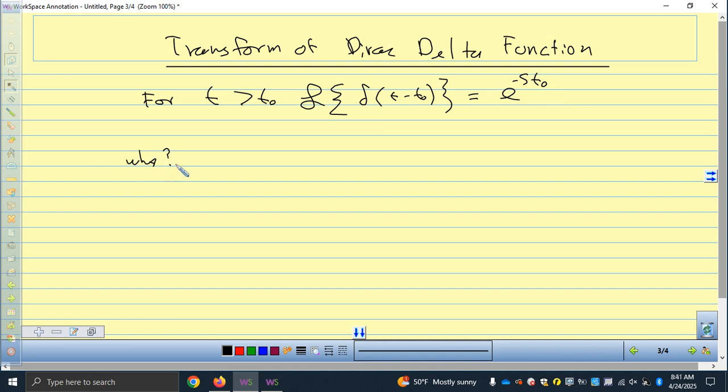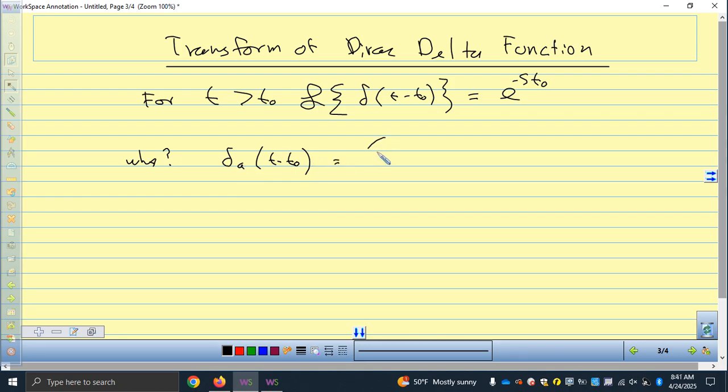Why? We're going to write the unit impulse function in terms of the unit step function.